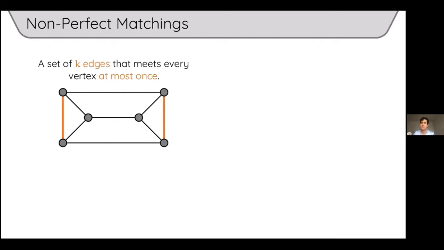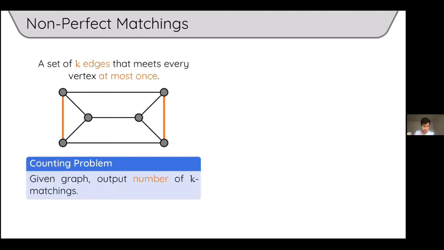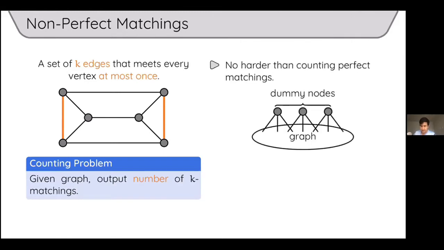Basically, no two edges are adjacent. This slightly modified problem is actually a generalization because you can also set k to be n over 2, so it is not harder than just counting perfect matchings in general.